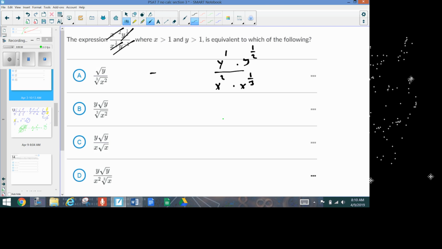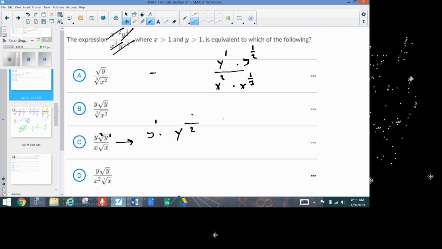So after then, let's check the answer choices. For example, what does that equal? Y to the power of 1 times y to the power of, remember, the index is 2. You remember how to convert radicals to exponents? The index goes as the denominator, y to the power of 1, right?